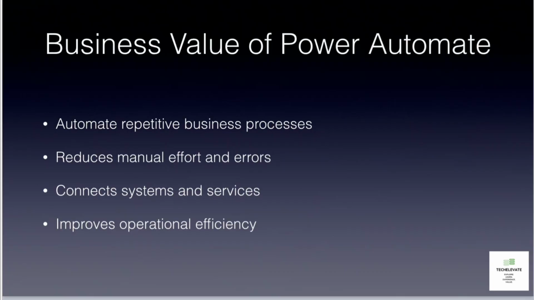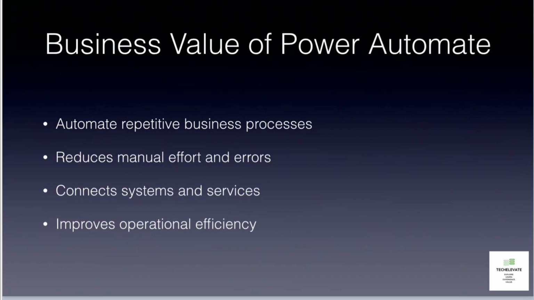It's a low-code automation service that allows users to create workflows called flows that automatically perform actions across applications and services. These workflows can be triggered by events, schedules, and user actions. Power Automate connects systems, moves data, and automates approvals with little to no coding.